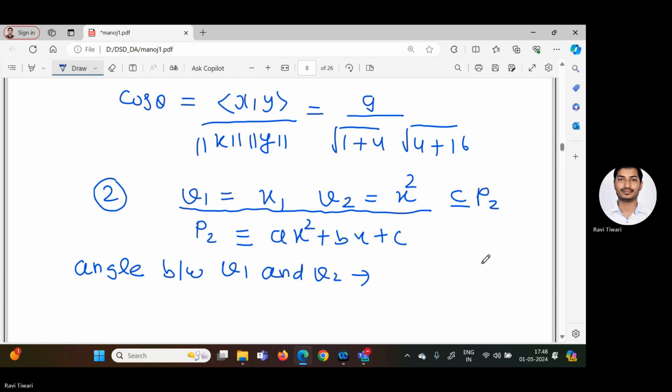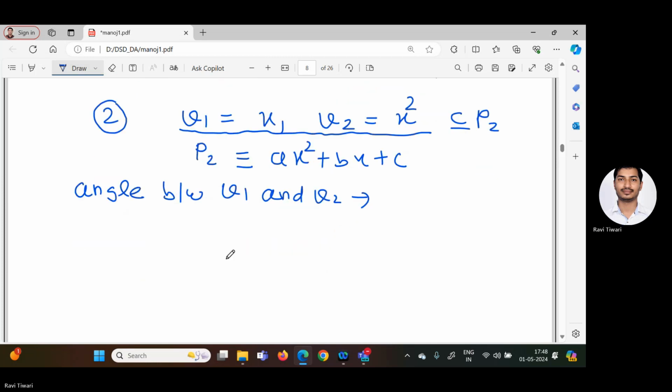To calculate it, we have to apply the standard inner product. If I am asking you what will be the coefficient of x, what is the coefficient of x, what is the coefficient of the constant, when x squared is given?